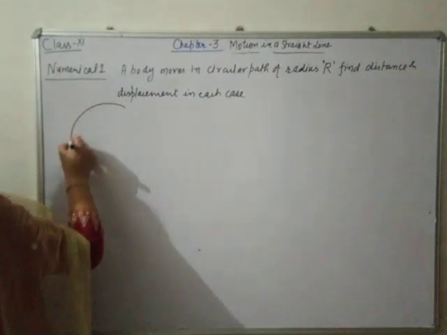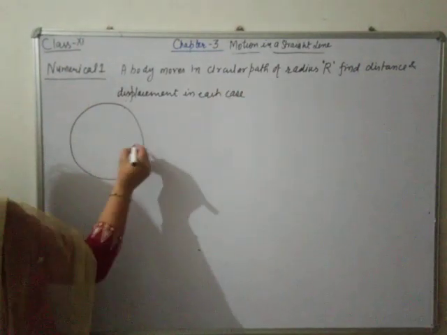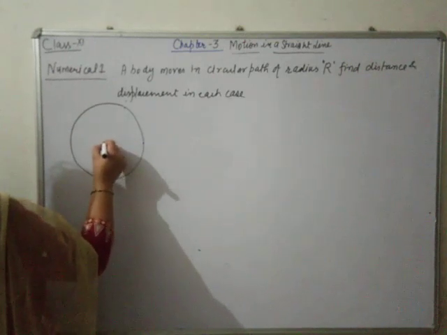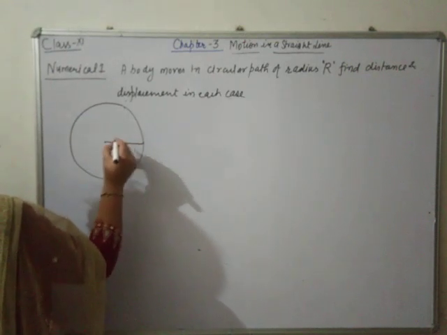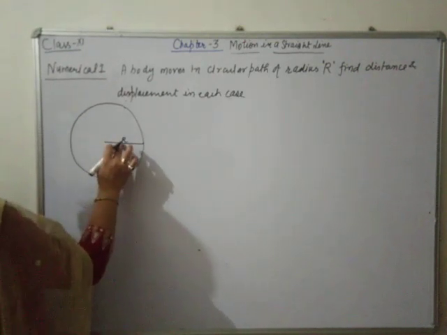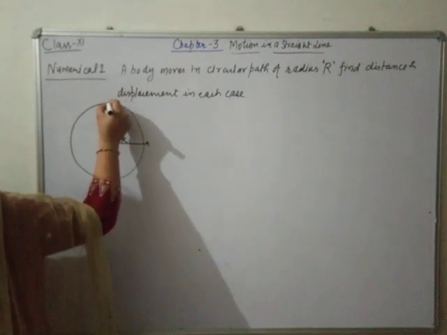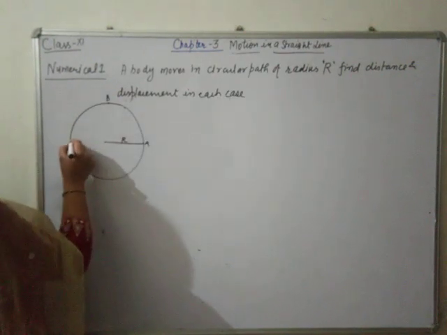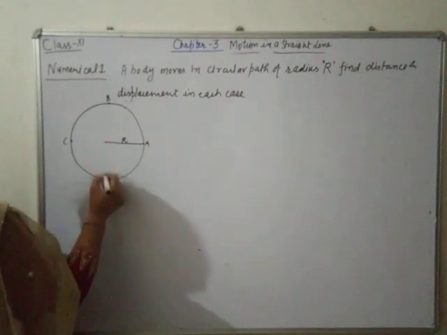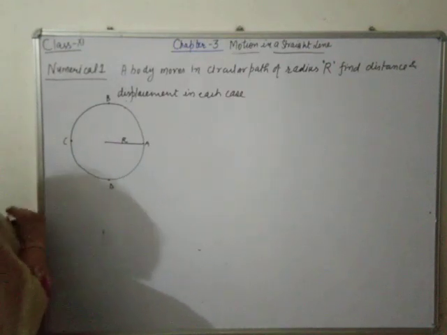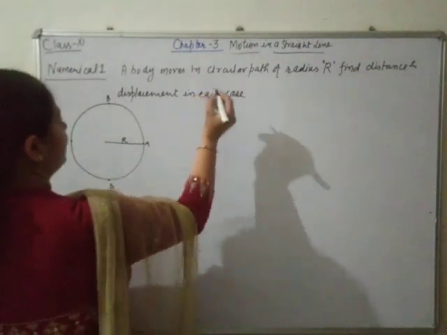A body is moving in the anti-clockwise direction. This is the circle, the center of the circle. This is radius r. These are points A, B, C, and this one D. In each case, which case?